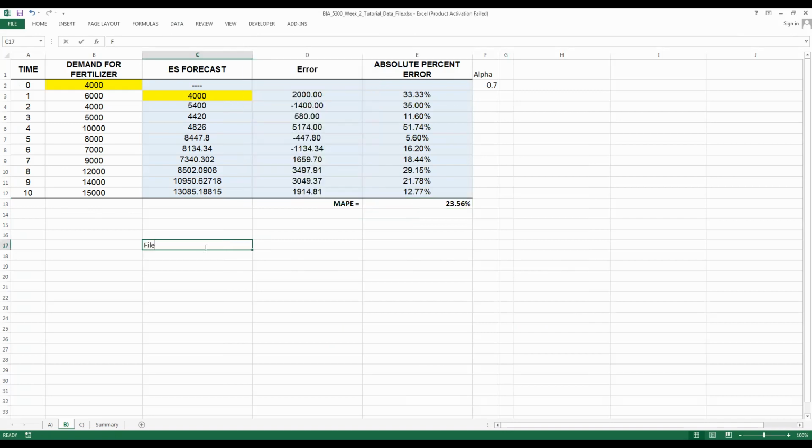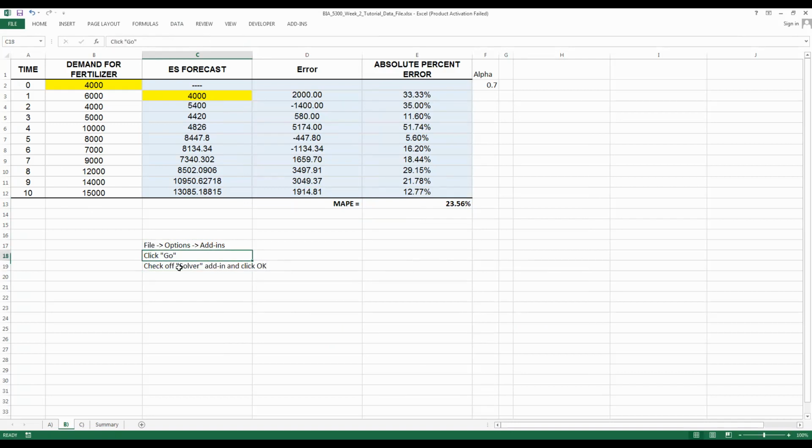So that's file, options, add-ins, and then click on go, then check off the solver add-in and click OK.